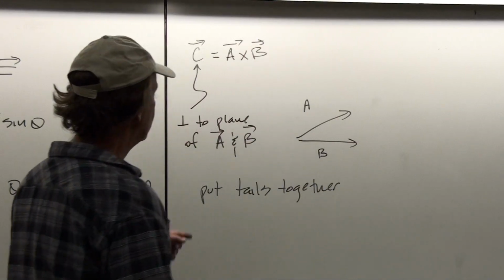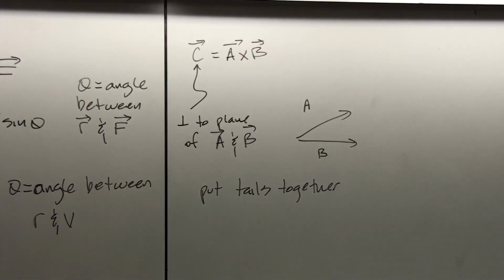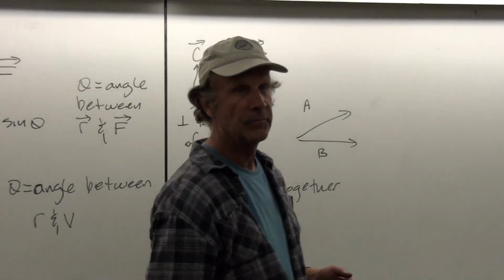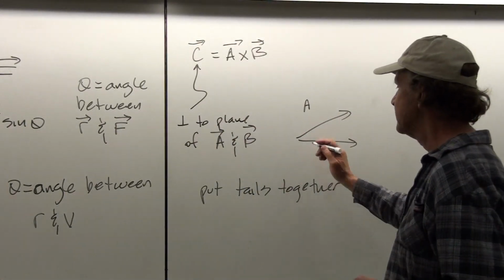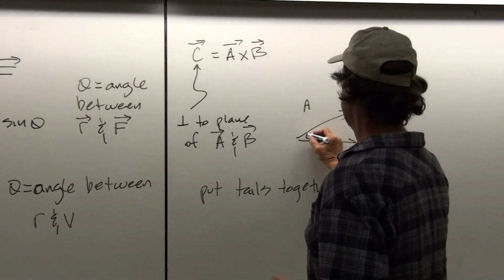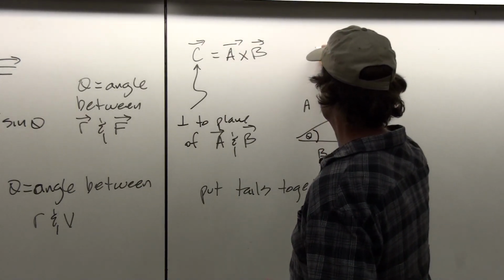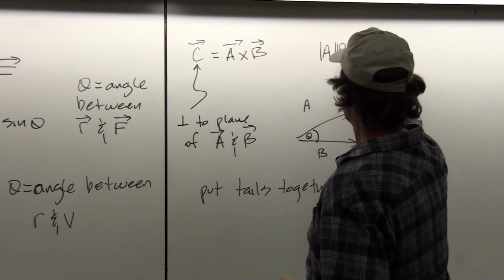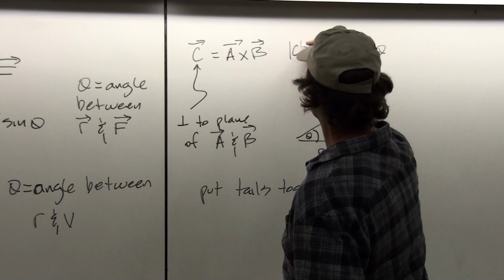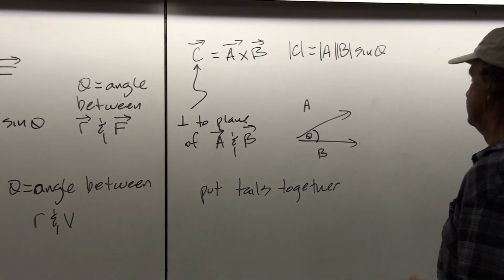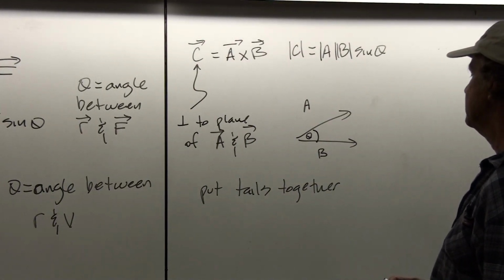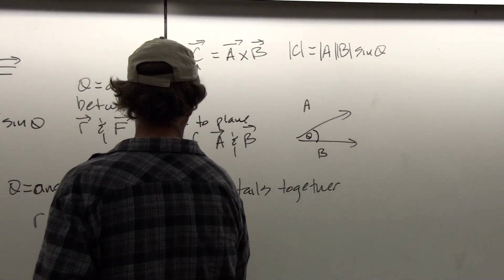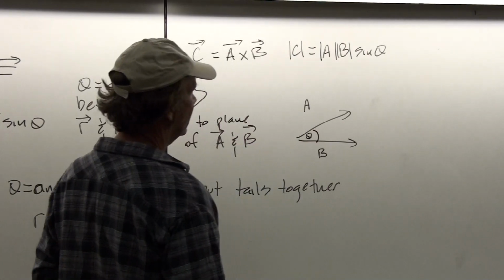It's okay to do that with vectors in general, because they just have a magnitude and a direction. So you can move them around anywhere you want. So this is just a convenient place to put them. And then theta is the angle between A and B. That's the magnitude of C. It's equal to that. Okay. And so we put the two tails together. That's step one.